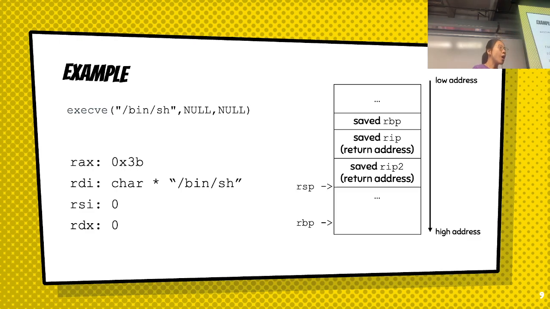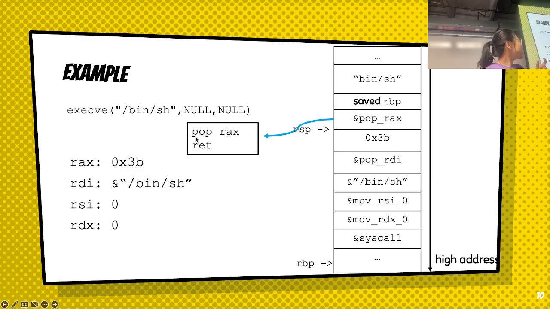But it may be very hard to find, among the instructions, a specific instruction like mov RAX, 0x3b, because that's very special. However, what you could do is try to find a pop RAX gadget.